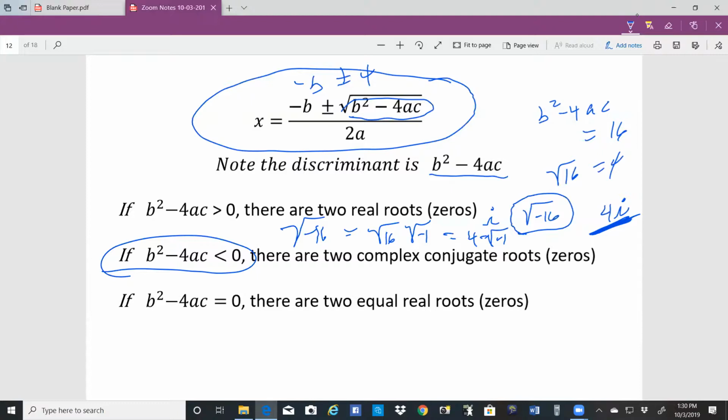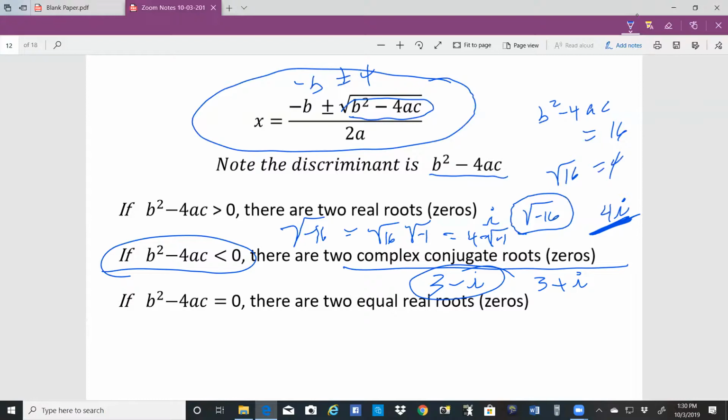Now, does that mean anything to anybody much? Well, what it really means is there are two complex conjugate roots. That could be like 3 minus i, and the other one would be 3 plus i.